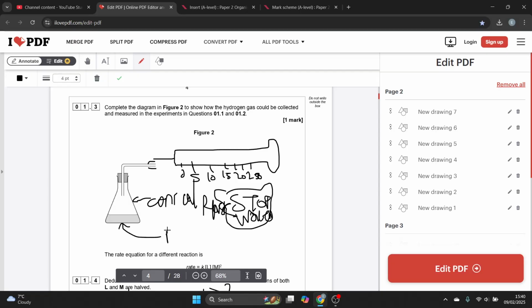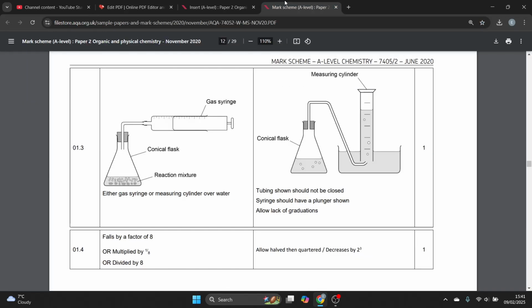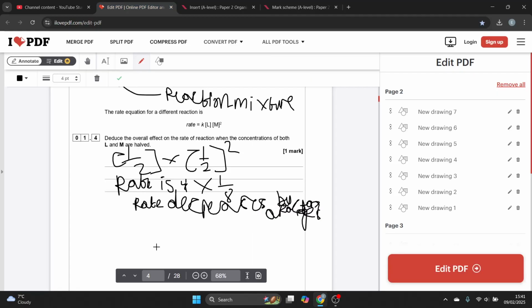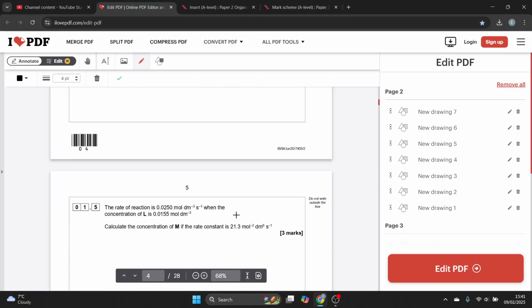That's your reaction mixture, and this is obviously the measured volume of gas given off using a gas syringe. Conical flask, reaction mixture, and for this one, rate falls by a factor of 8. Yeah, rate decreases by a factor of 8.